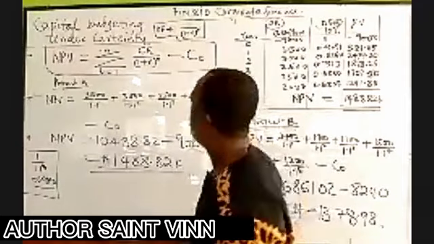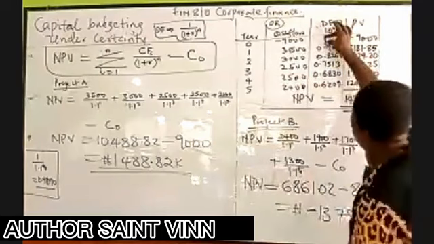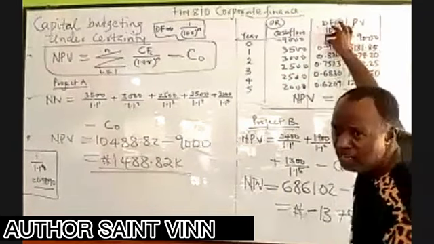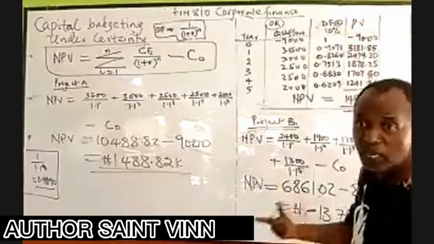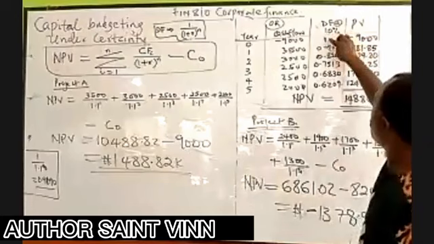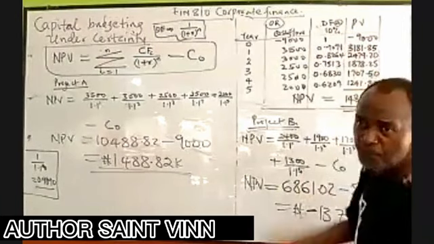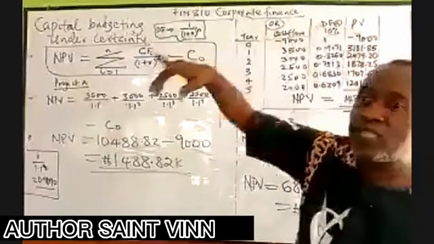Is it clear now? When you do 1.2, here will also be 1. Anything that I say here will always be 1. You don't even need to think about it. This first one is 1. Just divide by 1.2 if it's 20%. Divide this by 1.2, you get the next, 1.2, 1.2, 1.2. If it's 30%, 1.3. Here will always be 1 irrespective of the percentage rate.